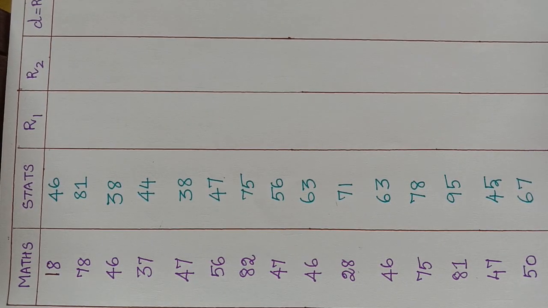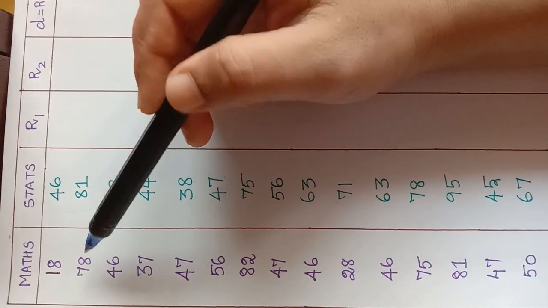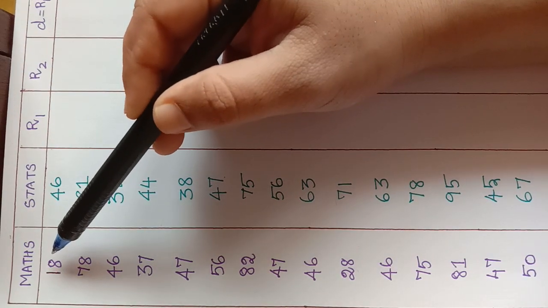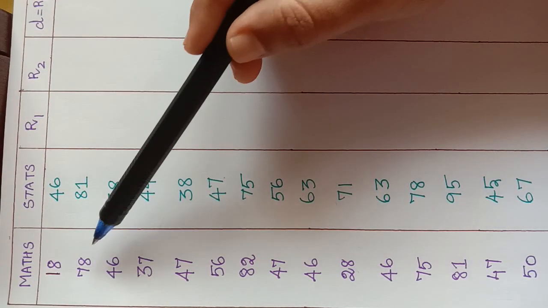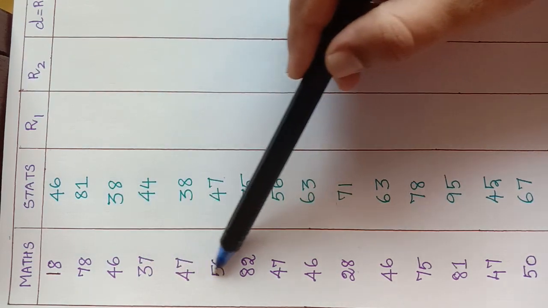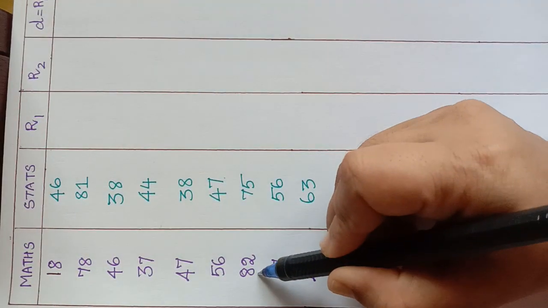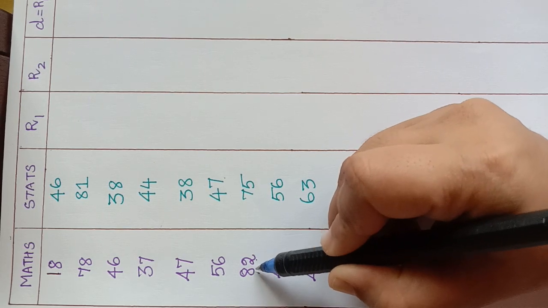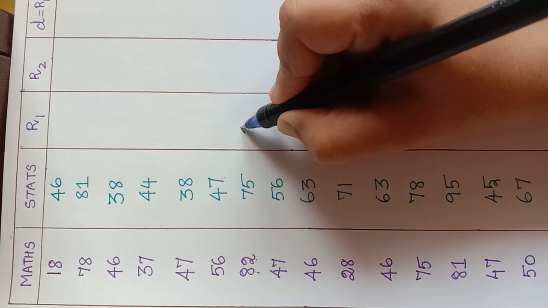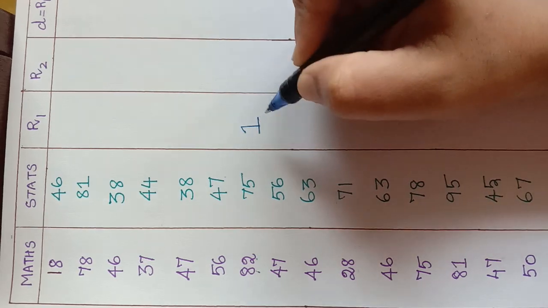Now first you have to give the ranks for the marks scored in mathematics. If we check, the highest mark out of all these marks is 82. So 82 will get rank 1. I will be writing here, this is rank 1.